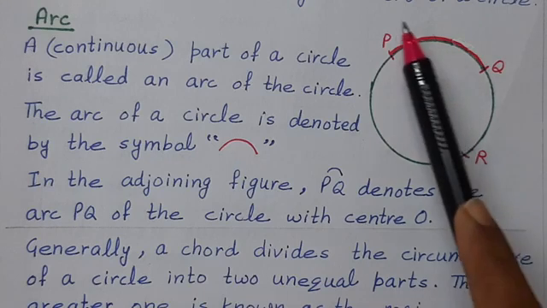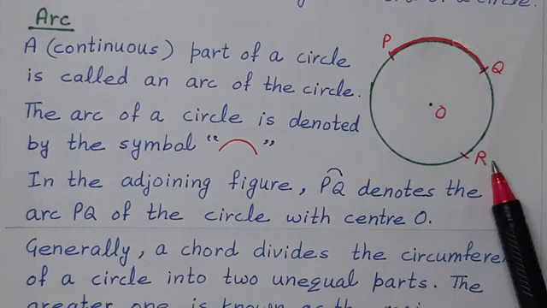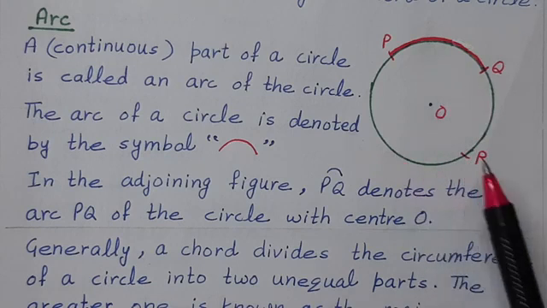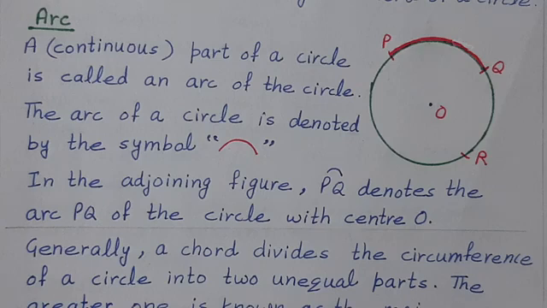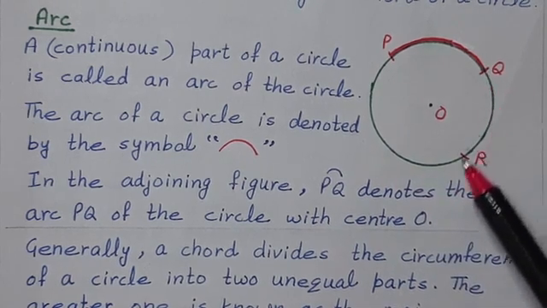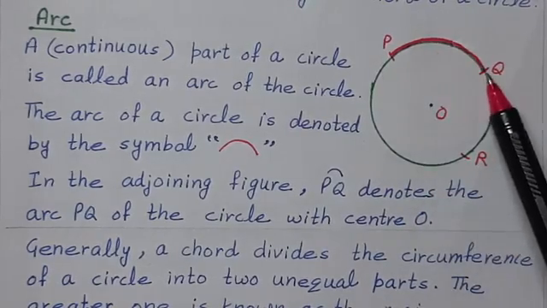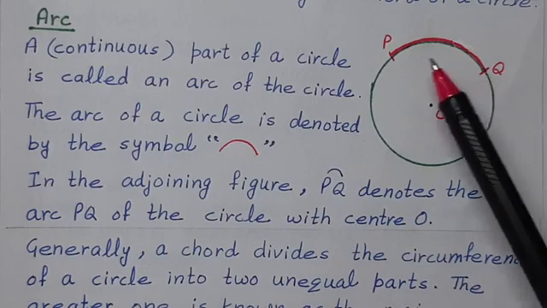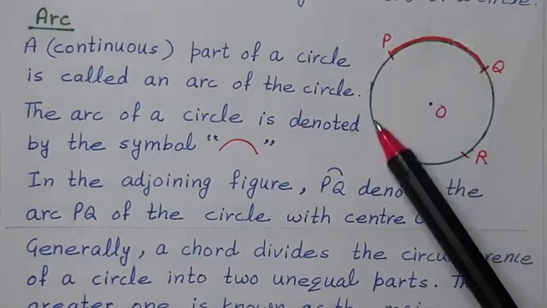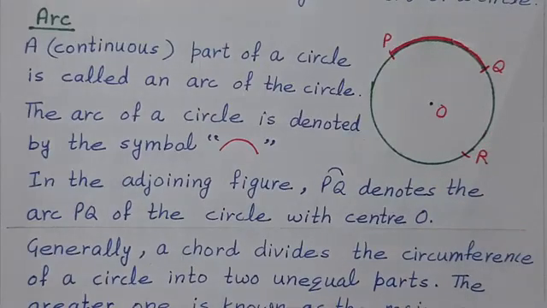Now students, there are 3 points lying on the circle, that is P, Q and R. Generally, a chord divides the circumference of the circle into 2 parts. Clear? Now the greater one is known as the major arc and the smaller one is known as the minor arc. So PQ is the minor arc and PRQ here is the major arc. Clear?